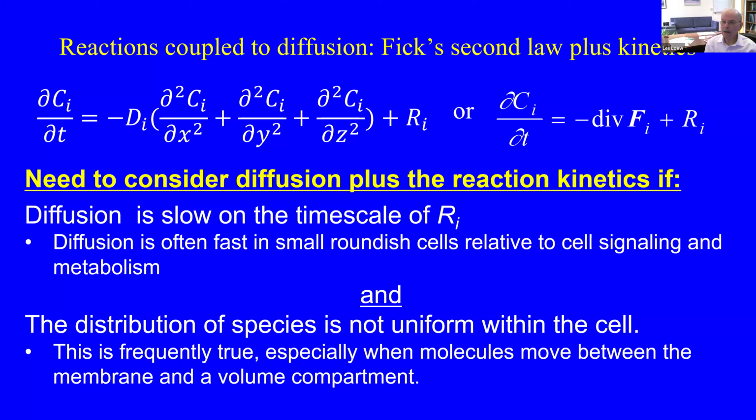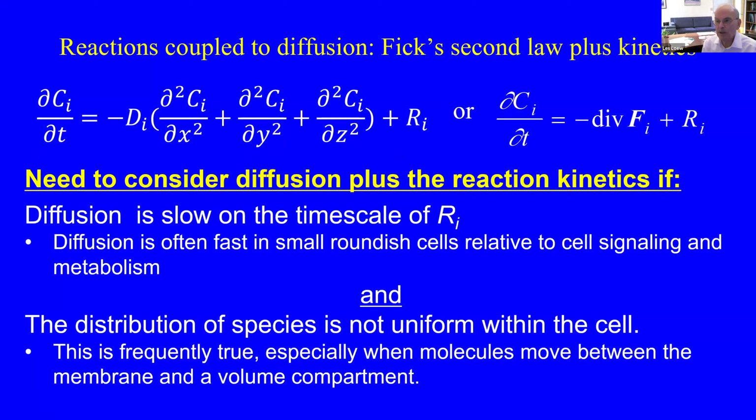So all of that can be done in Virtual Cell. And the question is, when do you need to use Virtual Cell? When do you need to use partial differential equations to solve a reaction diffusion problem? This kind of equation is called a reaction diffusion equation.